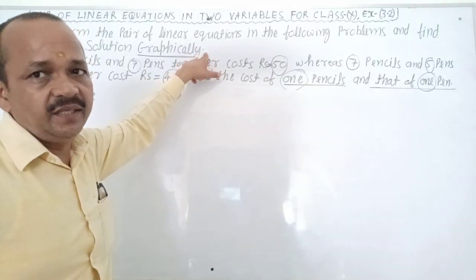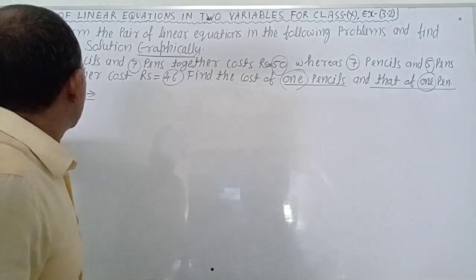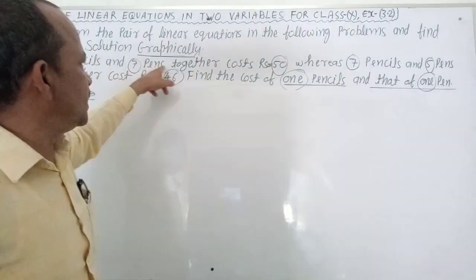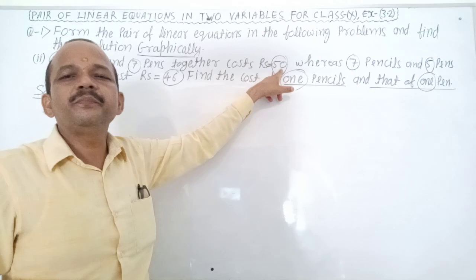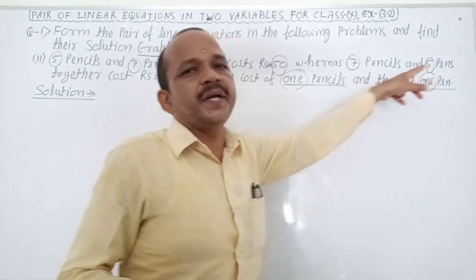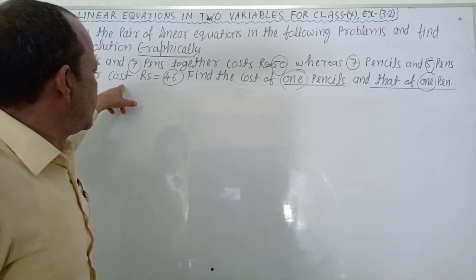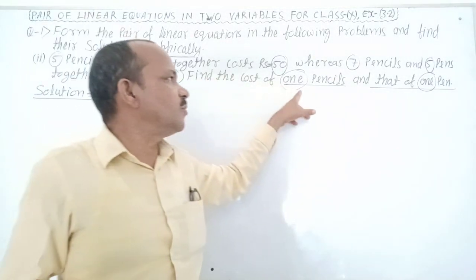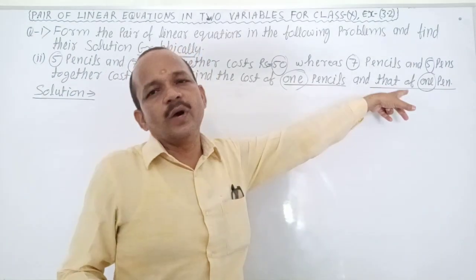Question first, part second. 5 pencils and 7 pens together cost Rs 50. Here 7 pencils and 5 pens together cost Rs 46. Find the cost of 1 pencil and 1 pen.